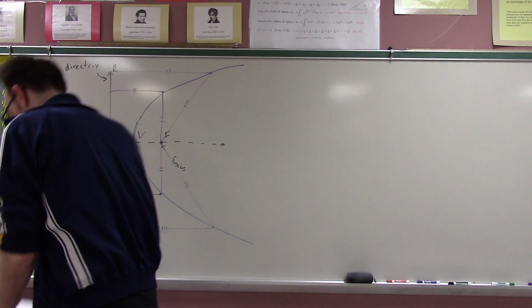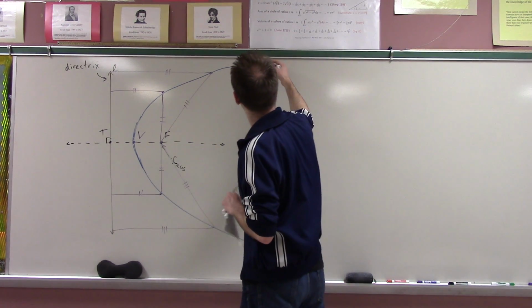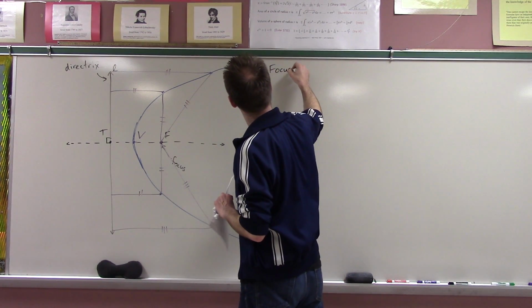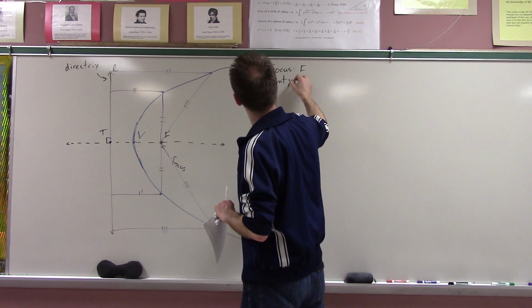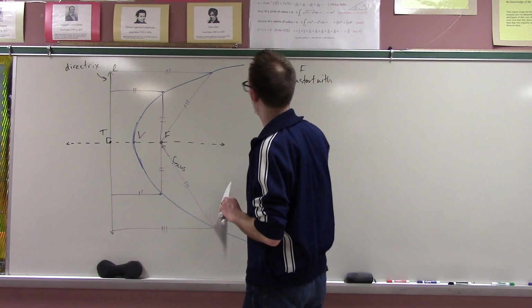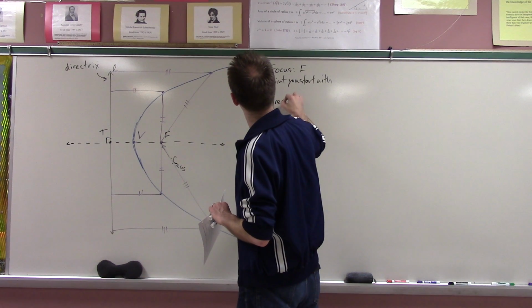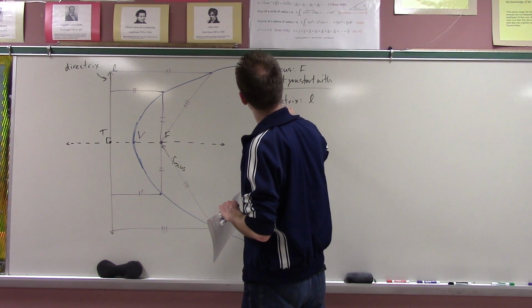Good. So, just to give these definitions, what is the focus? In our case, it's this point F. It's the point you start with. Then there is a directrix. The directrix is this line L. It's the line you start with.